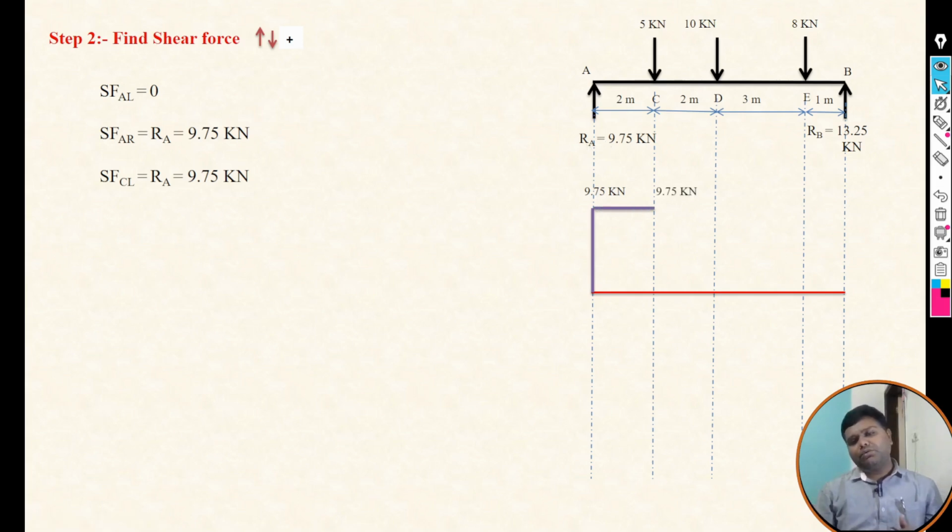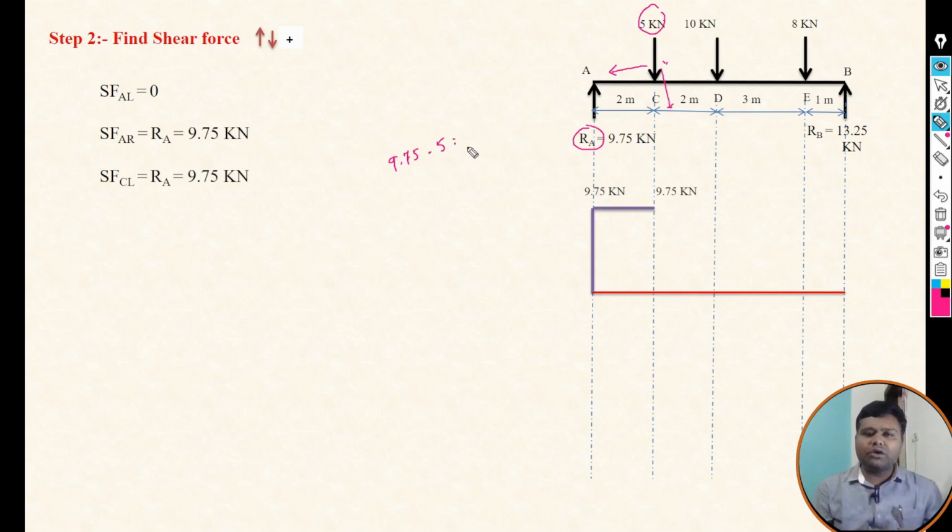Now take a section on the right of point C, and focus on the left. On the left of that section there are two forces, RA and 5 kilonewton. RA is upward, that is 9.75, and this 5 kilonewton is downward, that is minus.